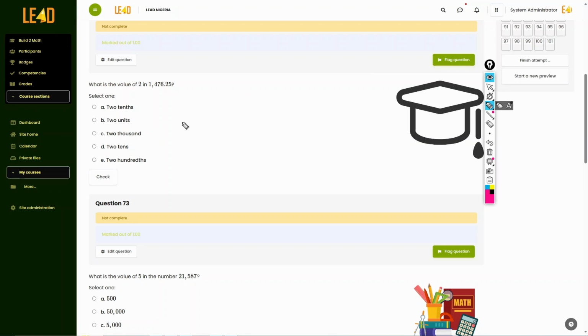This says, what's the value of 2 in 1,476.25? Okay, so 2 is to the right of the decimal point, which is our decimal places.